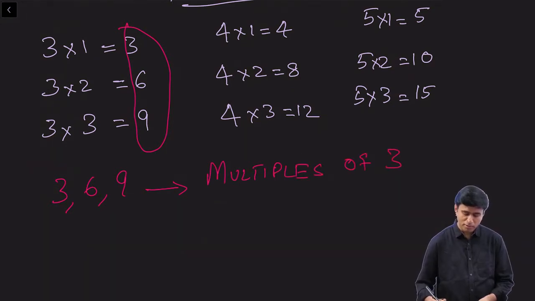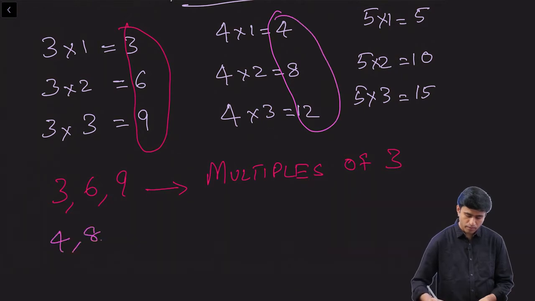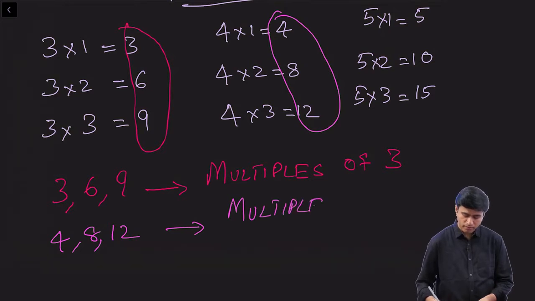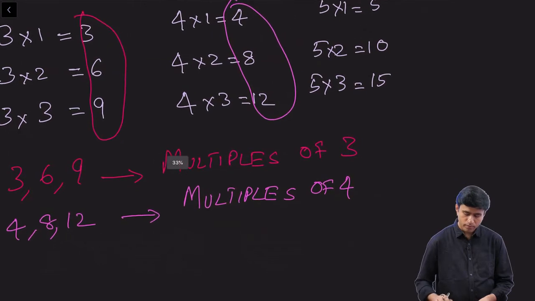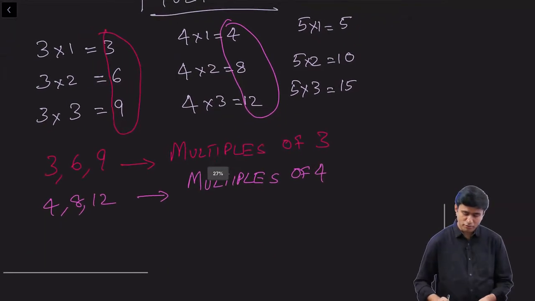What are the multiples of 4? 4, 8, 12 are the multiples of 4. What do you think are the multiples of 5?